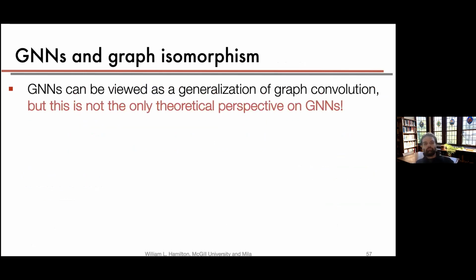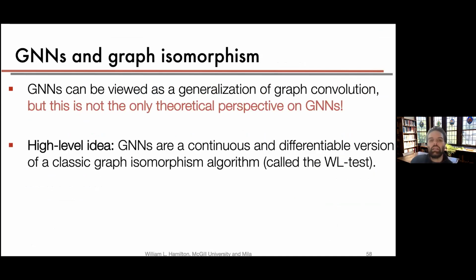Okay, that was a crash course in graph Fourier analysis. I want to quickly talk about graph neural nets and graph isomorphism. This is the other perspective on GNNs. Looking at GNNs as corresponding to convolutions is not the only theoretical perspective that we can use to analyze GNNs.